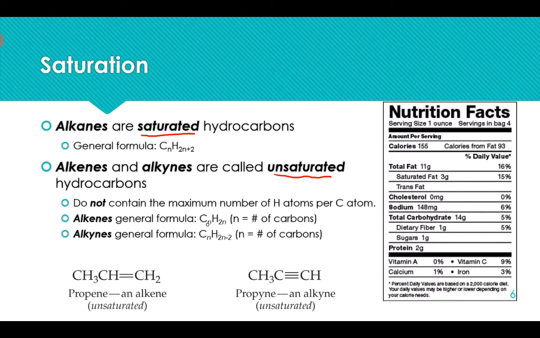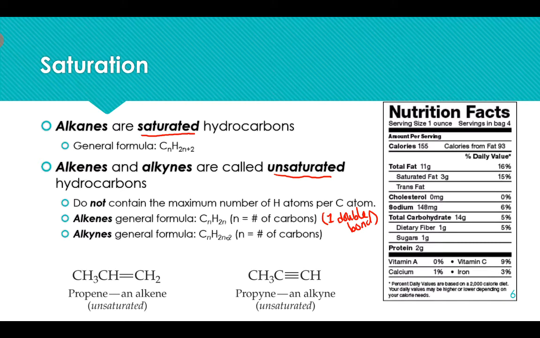Alkenes, their generic chemical formula is CnH2n. That's assuming one double bond. For each double bond you have, you will be removing 2 hydrogens from the structure. So here you can see that this alkene is just 2n, and this is plus 2, so we subtracted 2 hydrogens.